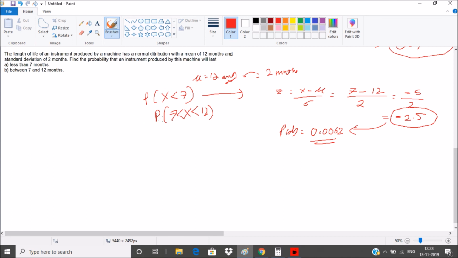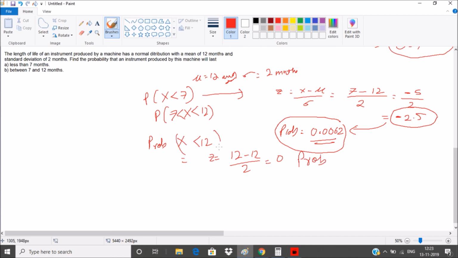Now, we've already found the probability of x is less than 7. We actually need to find out the probability of x is less than 12, which is z is equal to 12 minus 12 upon 2, which is 0, and the probability associated with x is less than 12 is always going to be 0.5000.